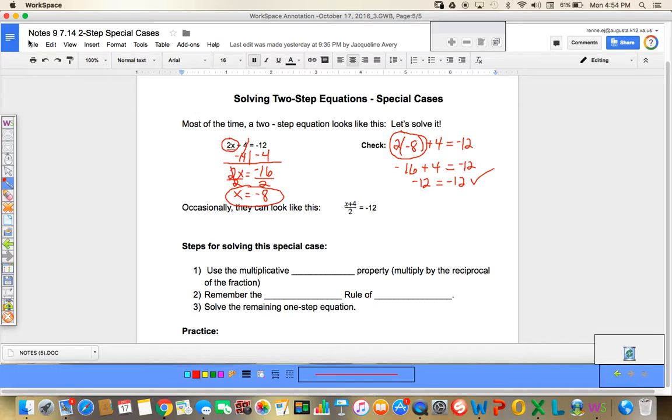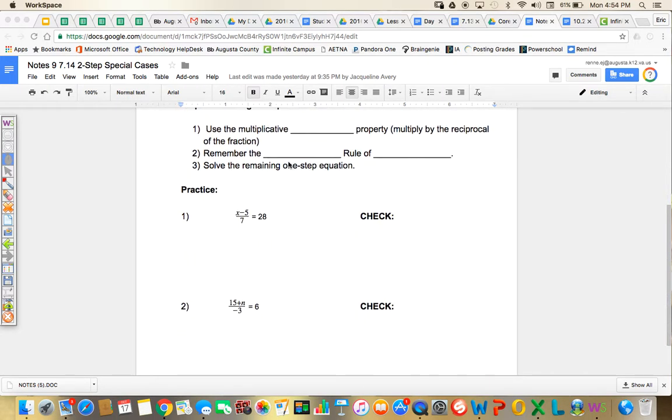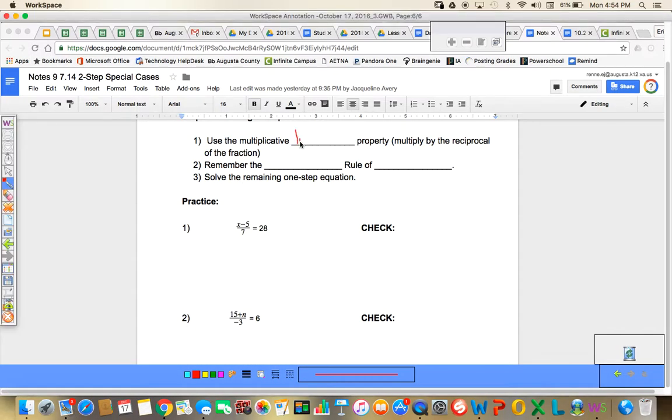Now hold that thought for a second. We're going to go over the steps for solving this special case. Step 1 says use the multiplicative inverse property, which is multiply by the reciprocal of the fraction.